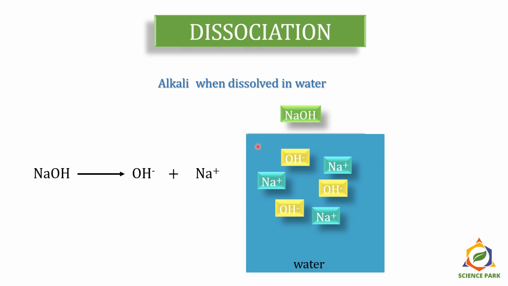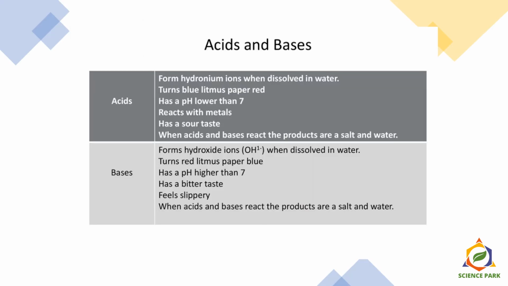Now in this water, when I put a sodium hydroxide pellet, the sodium ions get separated as Na plus and OH gets separated as OH minus ions. Now my water is spread with equal amounts of Na plus ions and OH minus ions. So how can I write this reaction? NaOH gives me Na plus ions and OH minus ions in water.